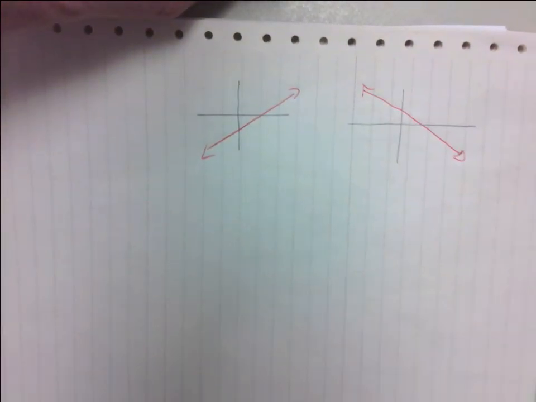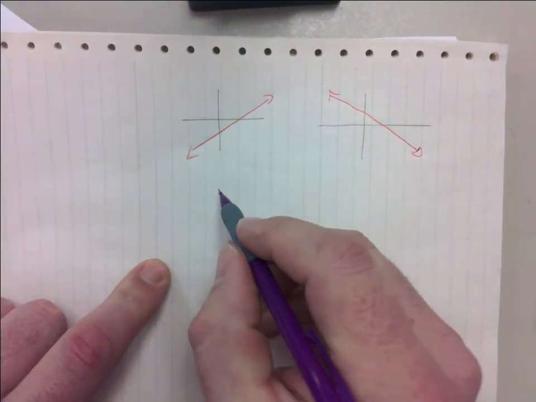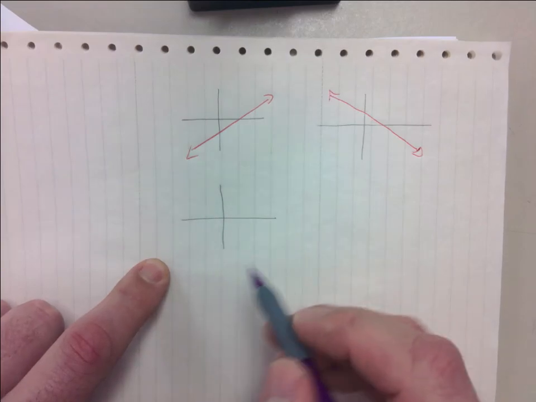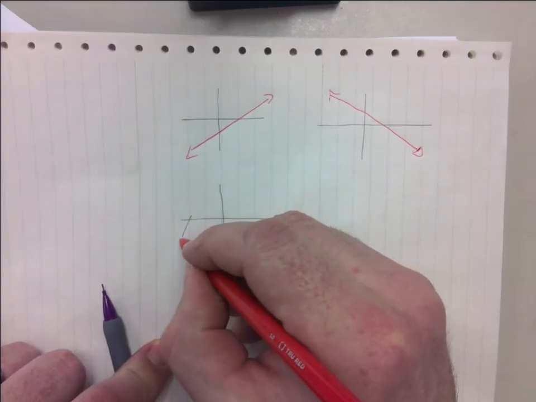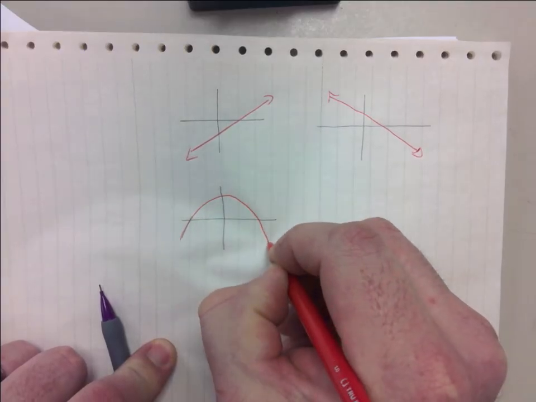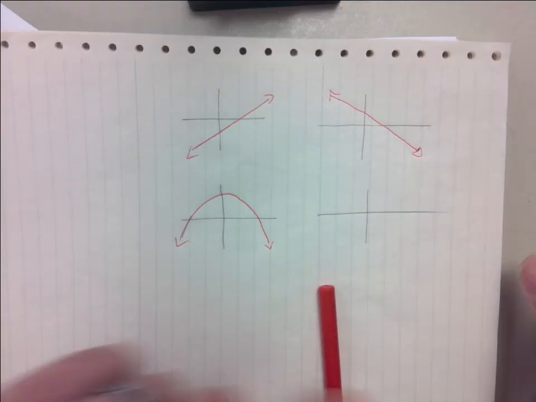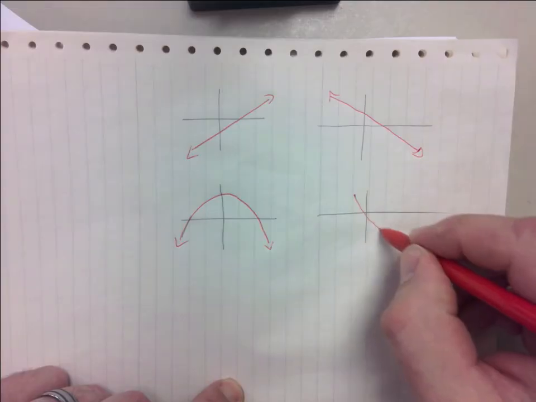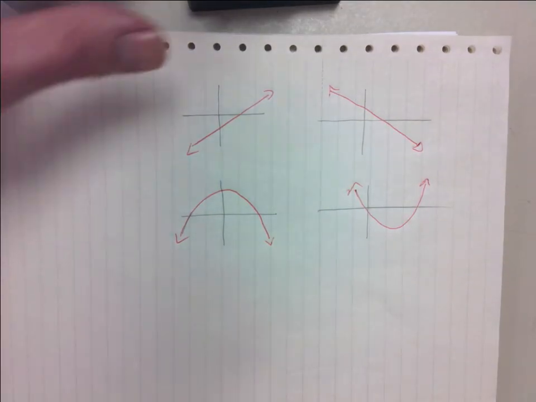Those are our linears. Then we have quadratic functions, and quadratic functions could look like this, or like this. And cubic, and I'm going somewhere with this.